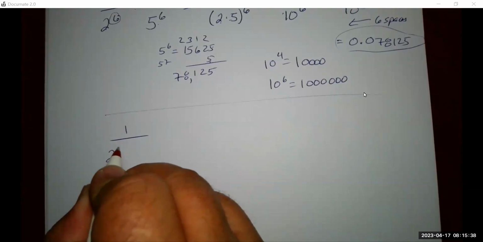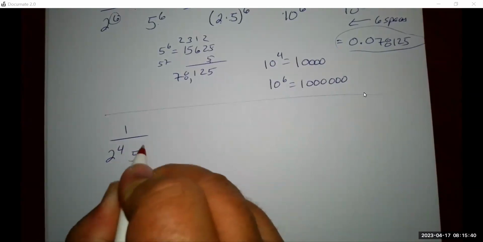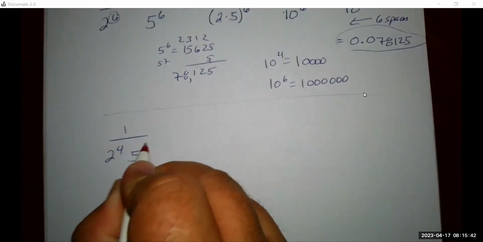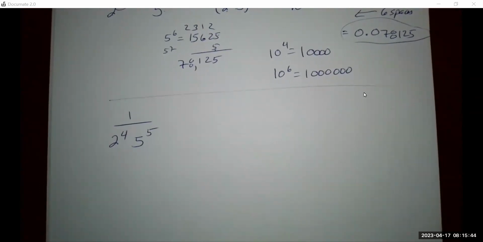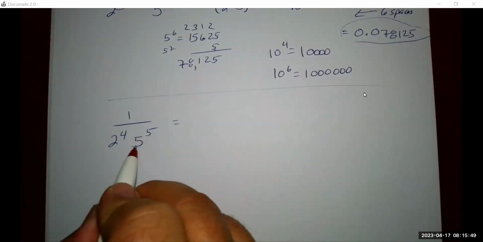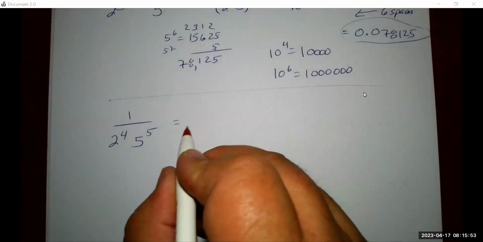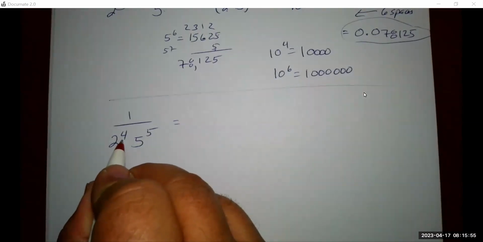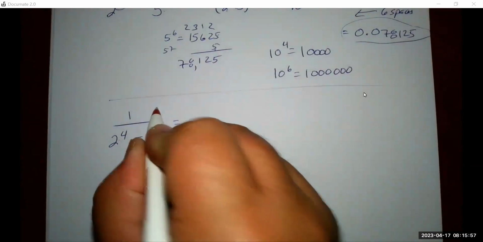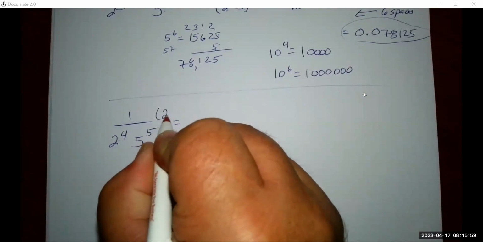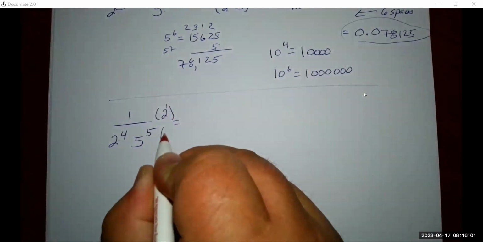Okay, what if we had a combination of 2s and 5s on the bottom already? Remember, 2 times 5 is 10, but we have to have the same number of exponents. So since we're missing 1 more 2, we have to multiply 1 more 2 to top and bottom.